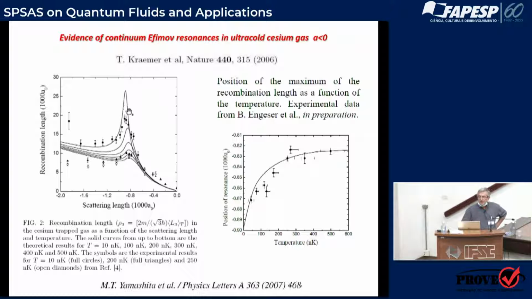When they increase the temperature, the position of the peak moves to a decreasing modulus of the scattering length. This is exactly what we see here. We can even find the position of the resonance, with temperature in this case, using the calculation of the position of that resonance, plus something else.